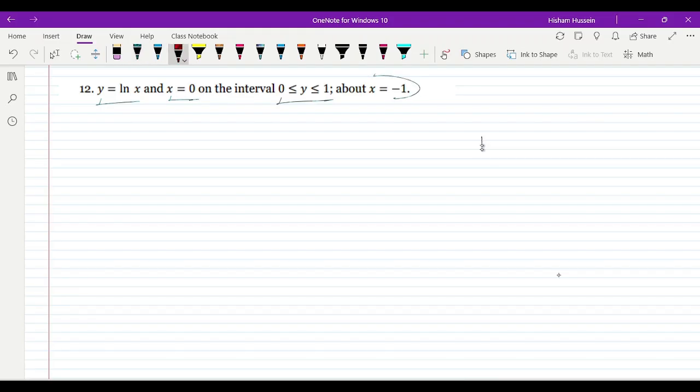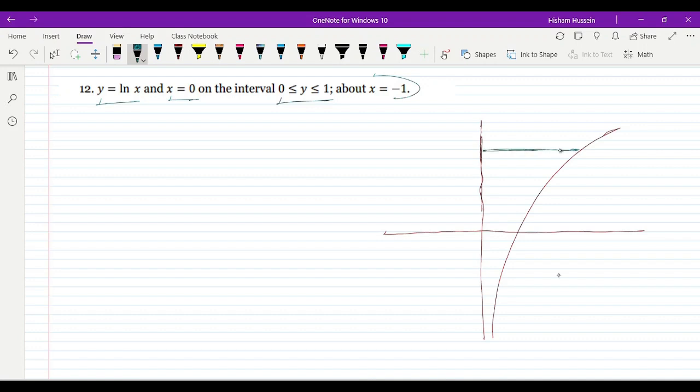So start by sketching y equals ln x. This one. And x equals 0, this is the y axis for sure. Y is running from 0 to 1, the boundary, y equals 1. Here, this is y equals 0.